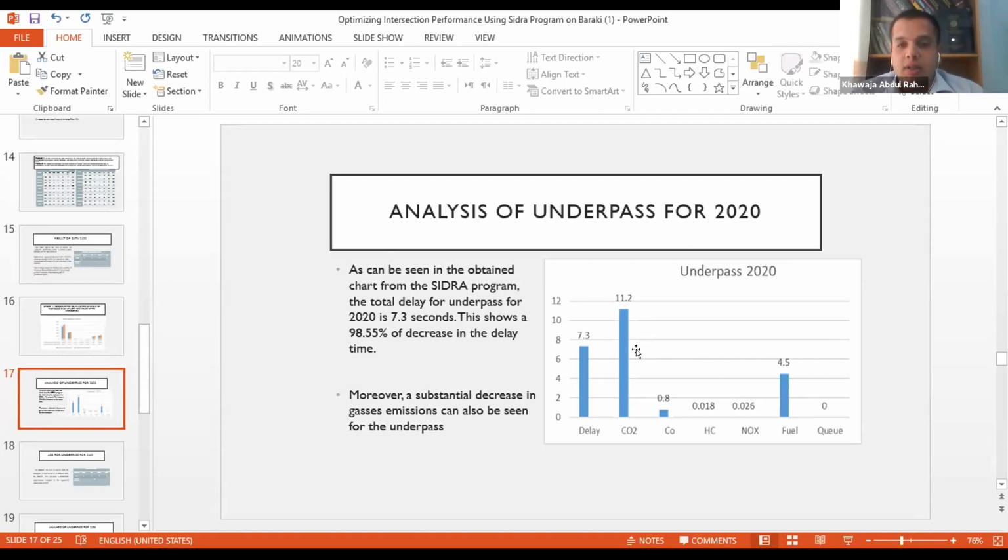As seen in the table, about 7.3 seconds can be made in the peak hours. 11.2 kg of carbon dioxide can be produced by the cars which are stuck there in the peak hours, which is a very huge decrease in these parameters compared to the intersection 2020. It is the same for the other parameters as well, and about 4.5 liters of fuel can be consumed. Moreover, a substantial decrease in gas emission can also be seen for the underpass.